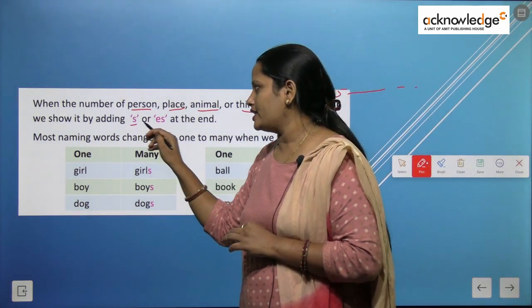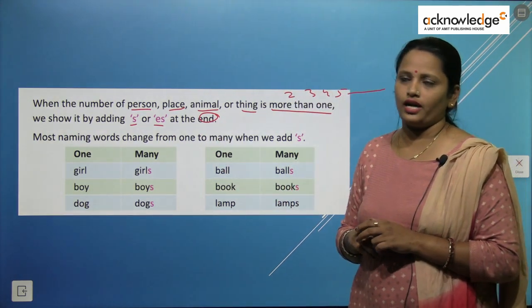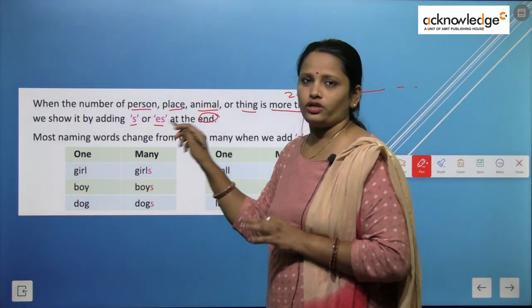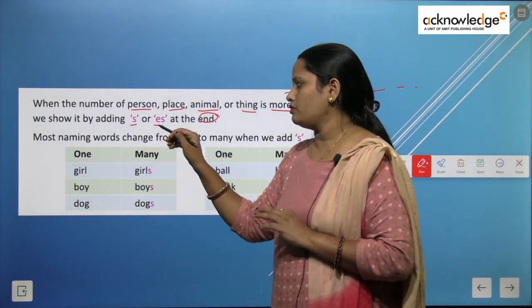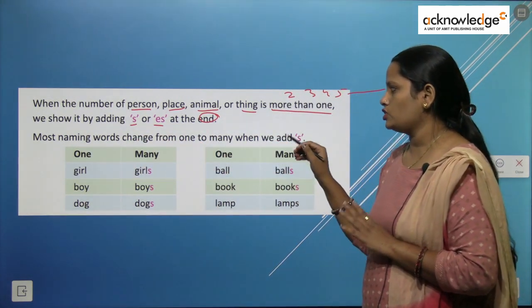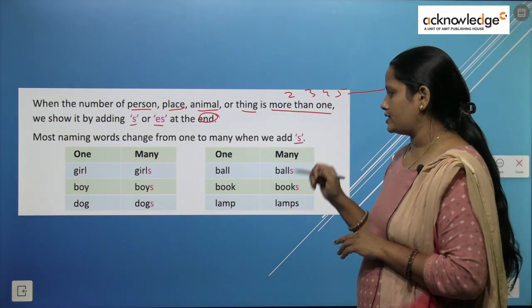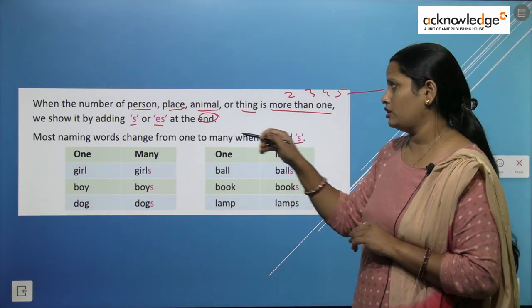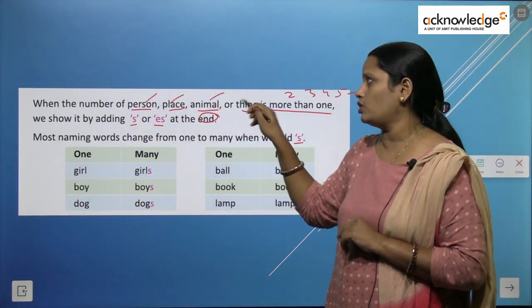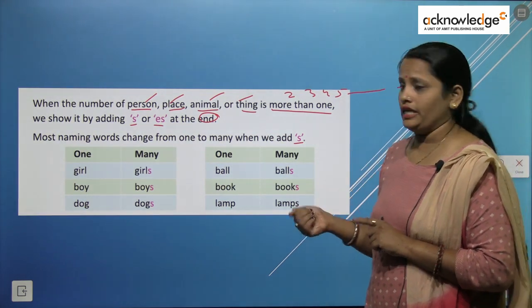We add S or ES at the end of the word. Most naming words change from one to many when we add S. So, whenever we add S to the name of a person, place, animal or thing, it becomes many.